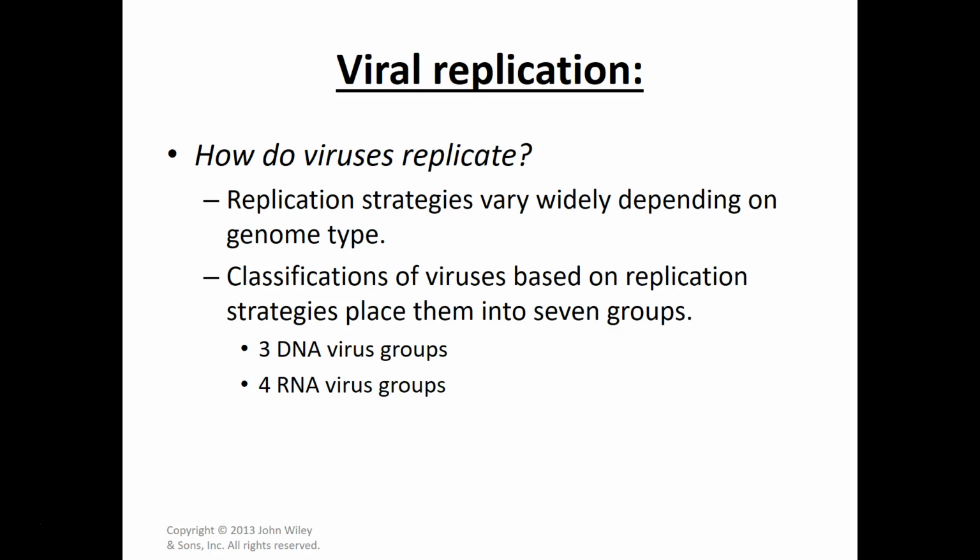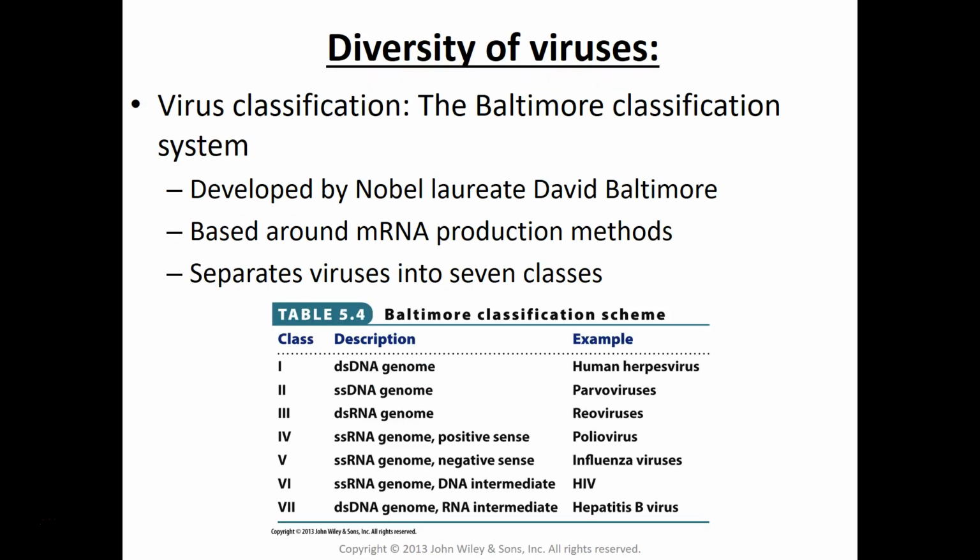So in viruses so far, we found that there are 3 different types of DNA viruses and 4 different types of RNA viruses. So guess what? He created a classification of 7 different groups. 3 plus 4. I know it's early in the morning. Y'all got that? Okay. So when you see this, Baltimore, I don't know why I couldn't remember Baltimore. I could remember it was David, though. He won the Nobel Prize for this.